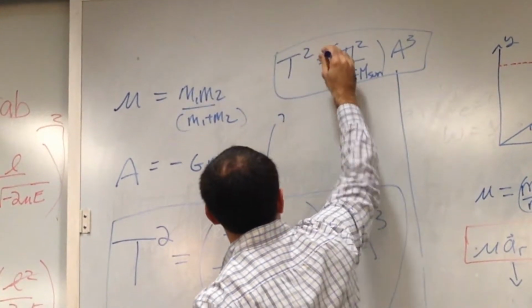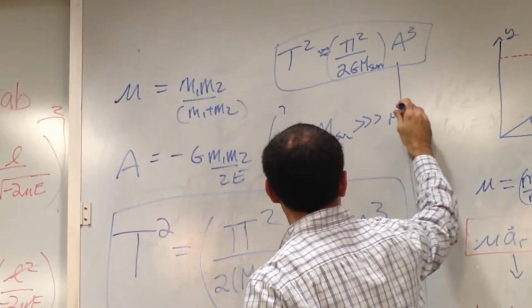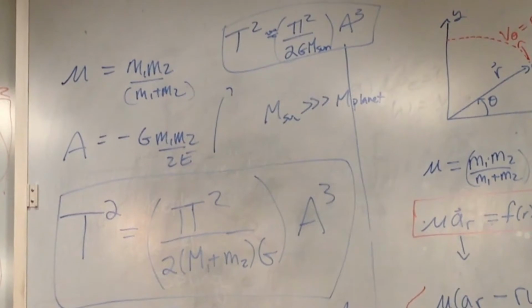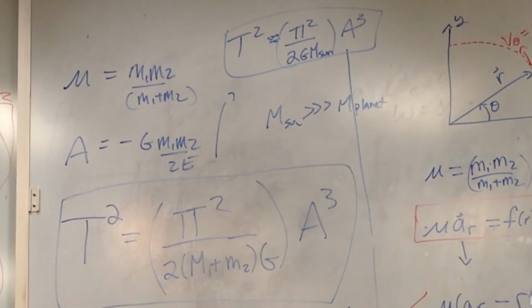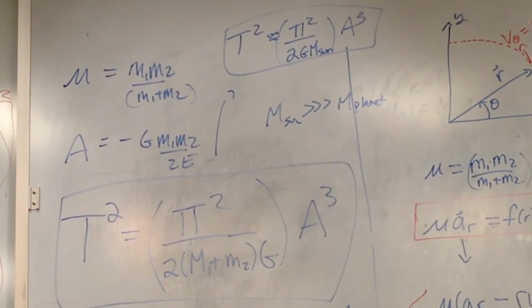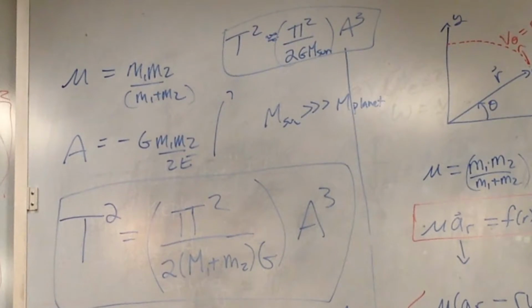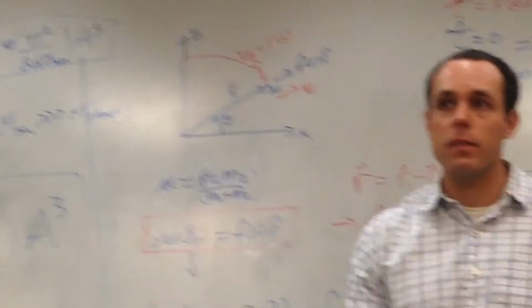So it's approximately that because the mass of the sun is much, much, much greater than the mass of any planet. And just by adding them together, the mass of something giant plus the mass of something tiny is still effectively the mass of something giant. And so this is Kepler's third law, in which you can relate the period to the distance of that object in an elliptical orbit.